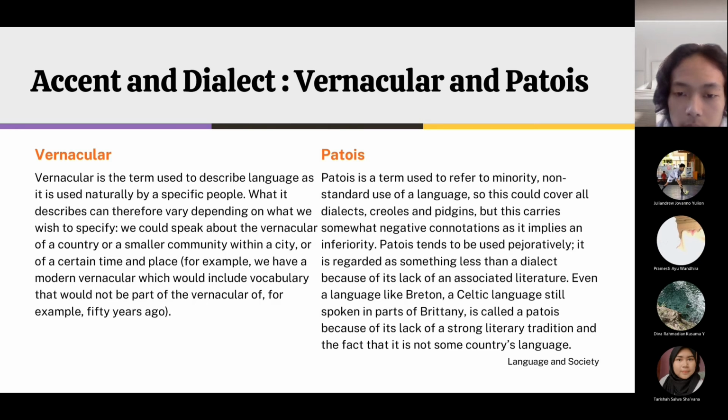It is regarded as something less than a dialect because of its lack of an associated literature. Even a language like Breton, a Celtic language still spoken in parts of Brittany, is called a patois because of its lack of strong literary tradition and the fact that it is not a country's language.